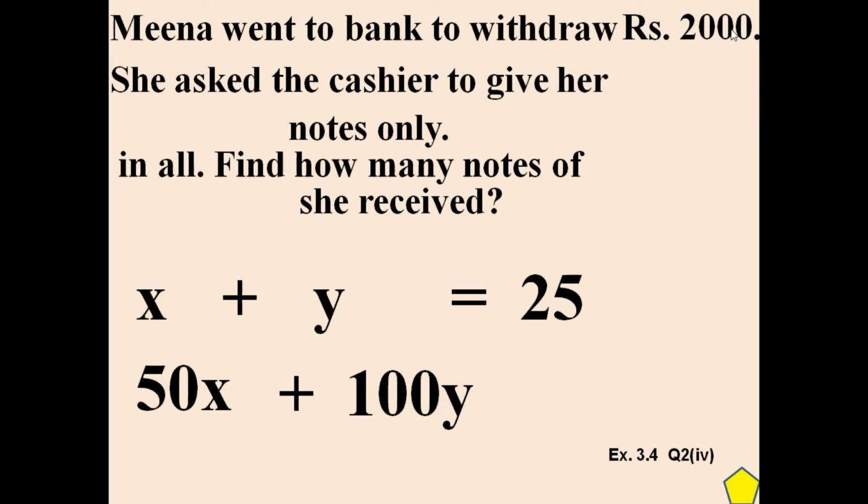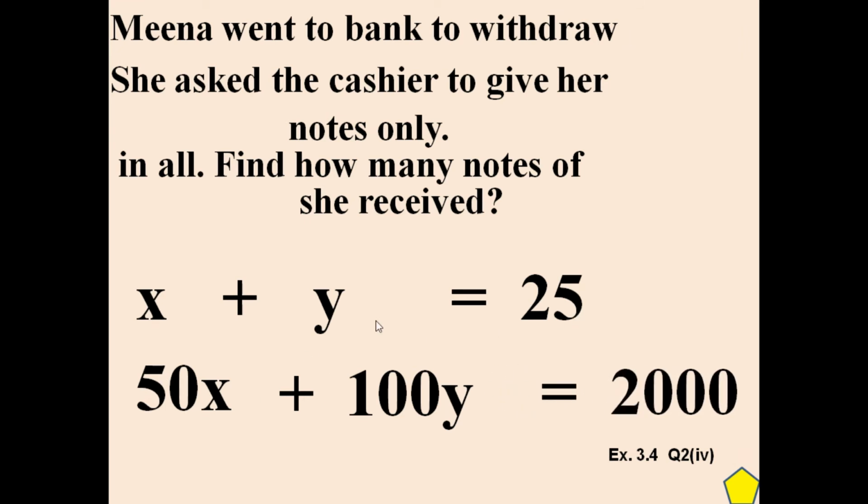But the total cost withdrawn is 2000. Hence, we have equation 1 and equation 2. The first equation is only for the quantity. The second equation is for the amount. Total amount 2000. This is the amount that we got from the 50 rupee notes. This is the amount that we got from 100 rupee notes.